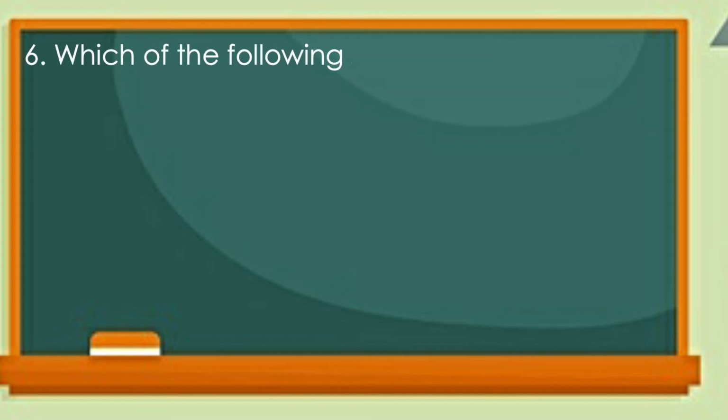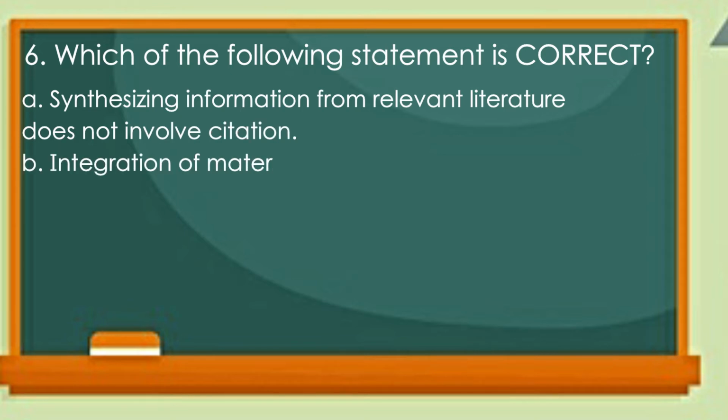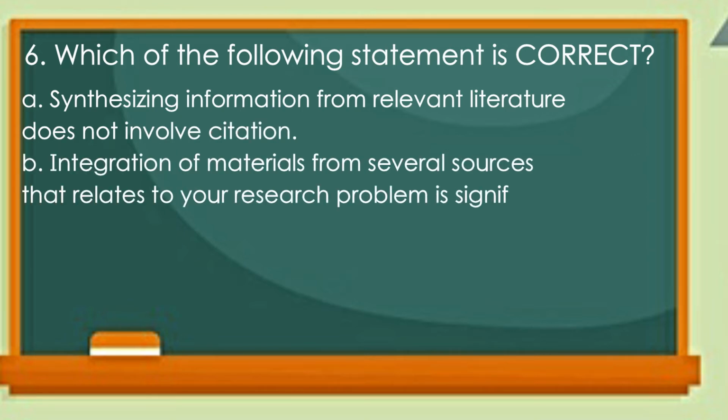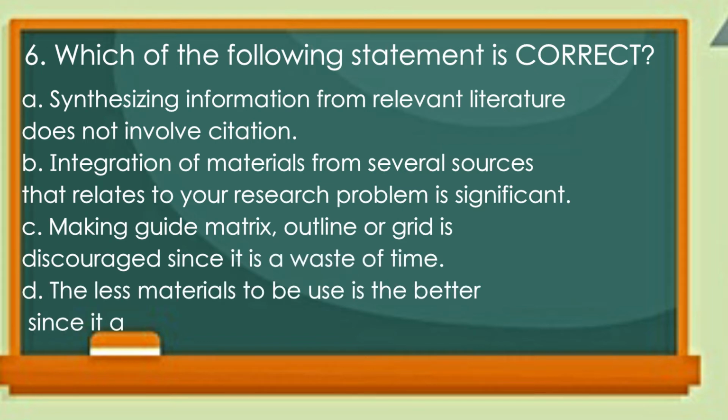Number 6. Which of the following statement is correct? A. Synthesizing information from relevant literature does not involve citation. B. Integration of materials from several sources that relates to your research problem is significant. C. Making guide matrix, outline, or grid is discouraged since it is a waste of time.